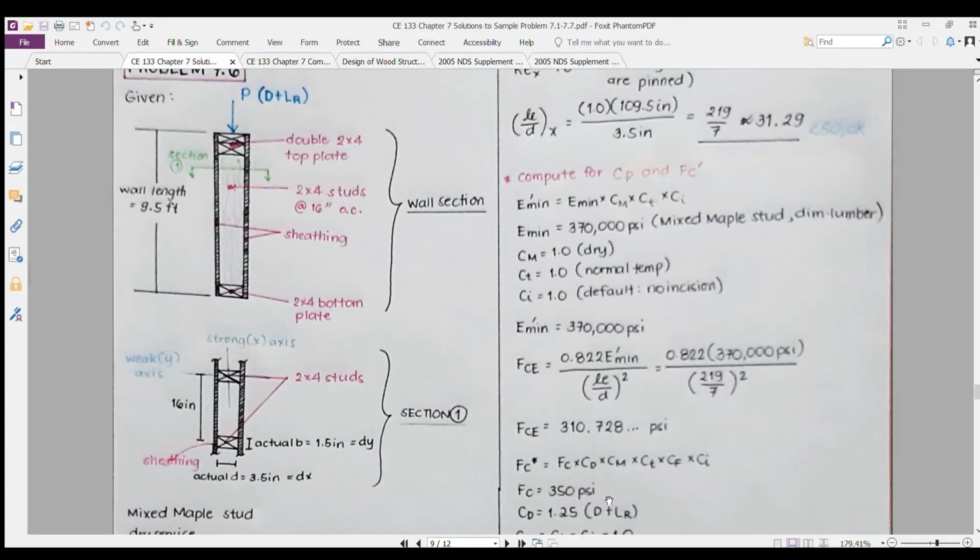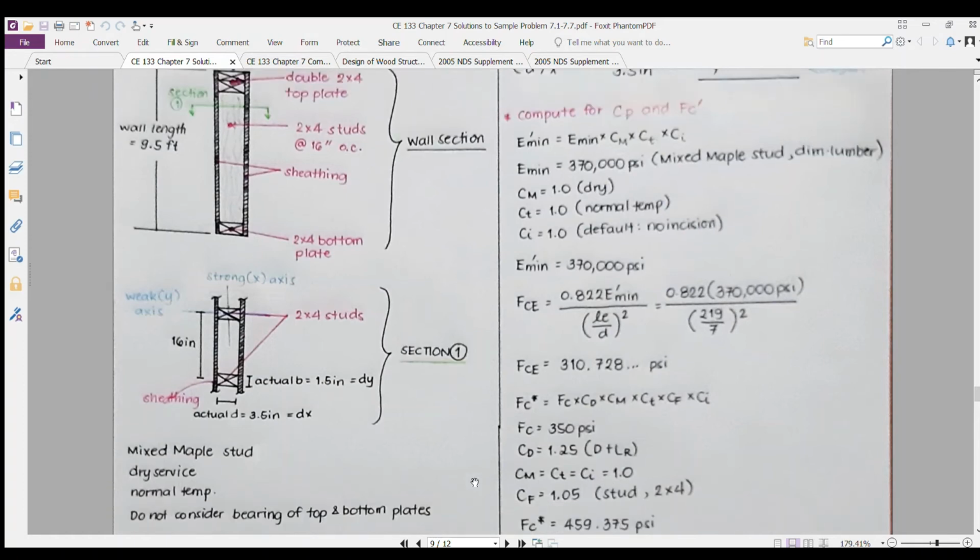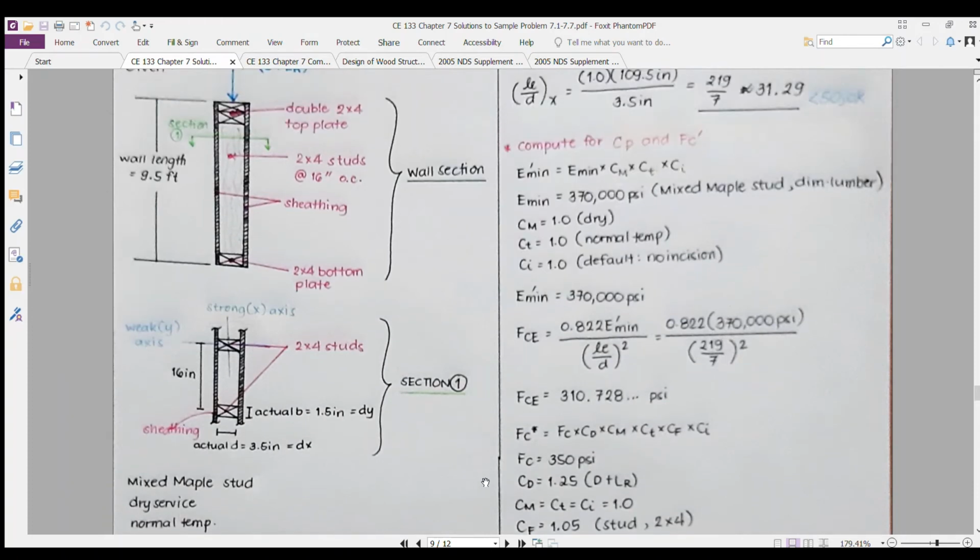And we have here the value C sub D equals 1.25 due to the normal load. And C sub M is equal to C sub T is equal to C sub I is equal to 1.0 since normal temperature and dry service conditions were considered, as well as no details with regards to the incising was described in the problem. For the C sub F, we have a value of 1.05.